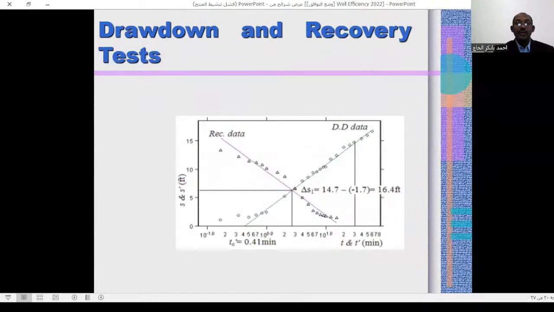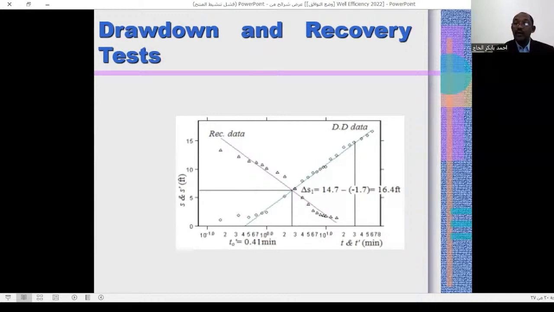Another issue I need to discuss in this presentation: drawdown or recovery test. This data must be plotted on the same paper, separating the drawdown data and recovery data.